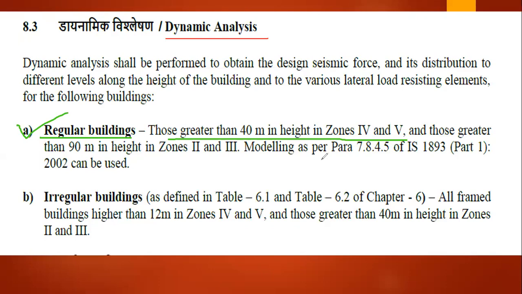It is given in clause 7.5 of IS 1893 part 1. And the third method is time history analysis, which is beyond the scope of this IS 1893. So we have basically two codes, the 2002 version and the 2016 version.